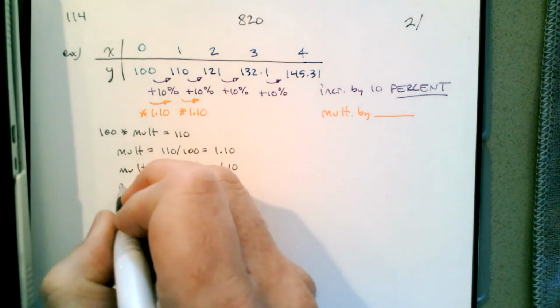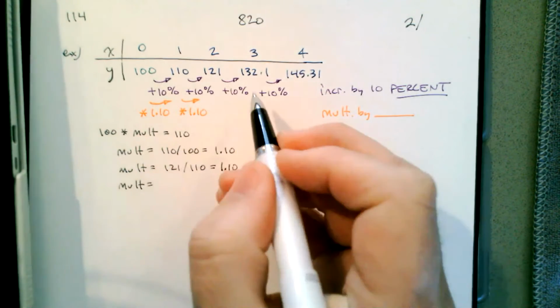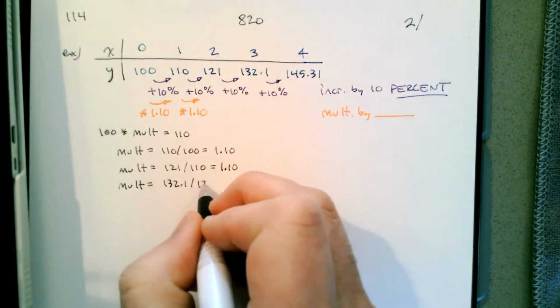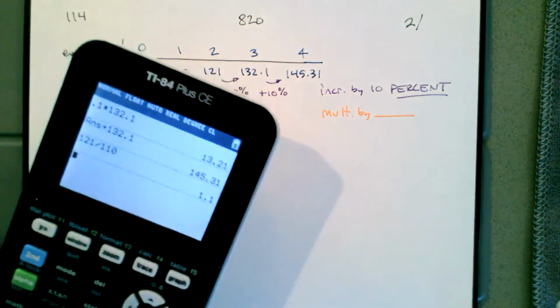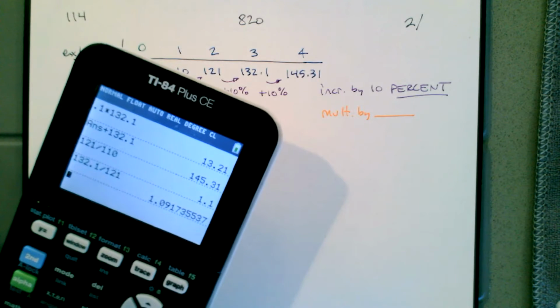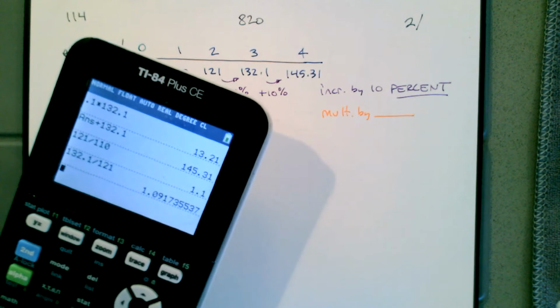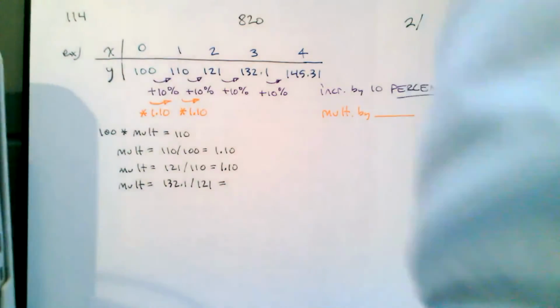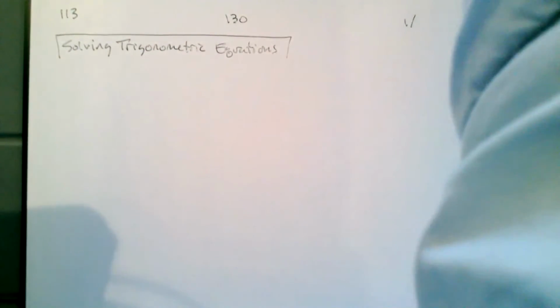In the third step, if we do 132.1 and divide that by 121, we get 1.091. Did I have the right number? That was the blank page.